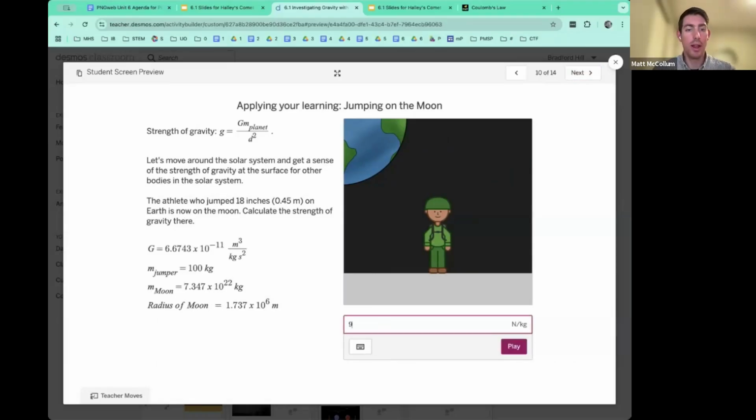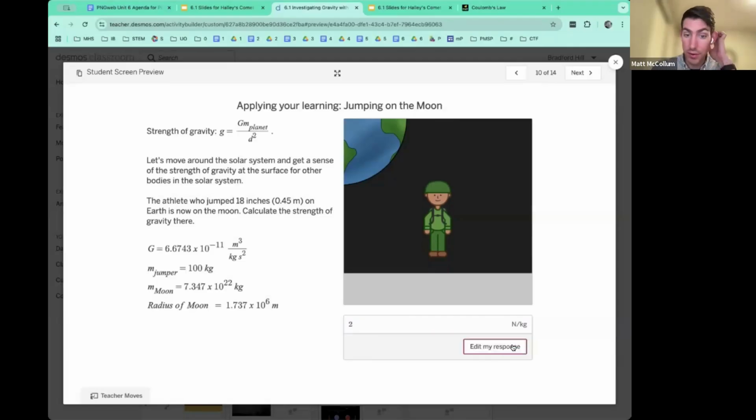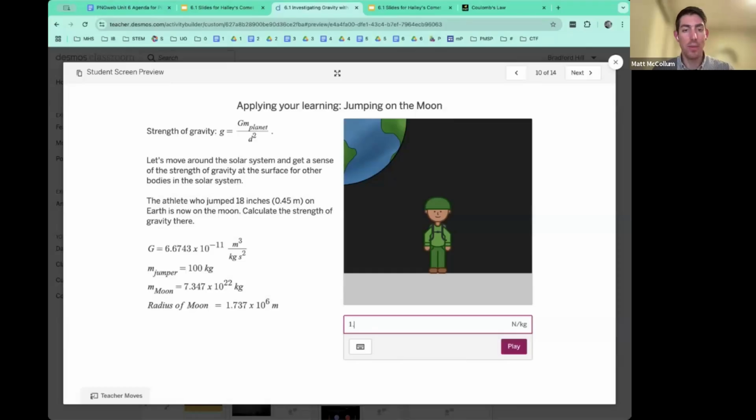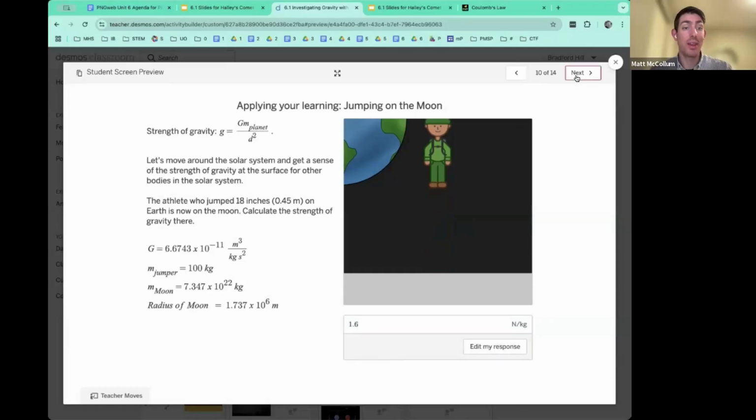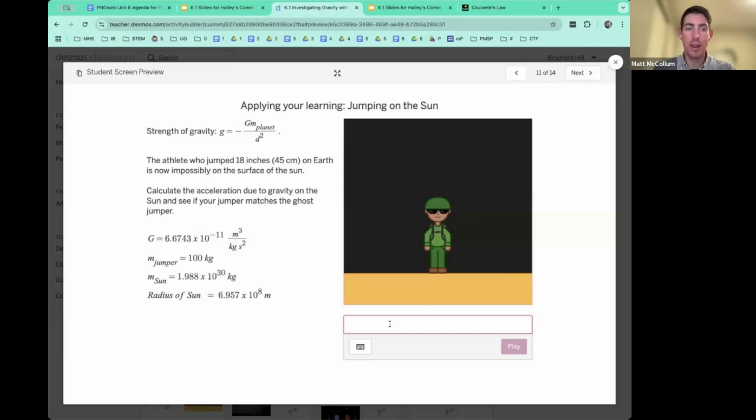And so if you put in 10, or 9.8, you can see a big difference in how that jump would look on the Earth versus the moon, versus I think the next one is for the sun. And so students can calculate the strength of the different gravities and then jump on the sun.